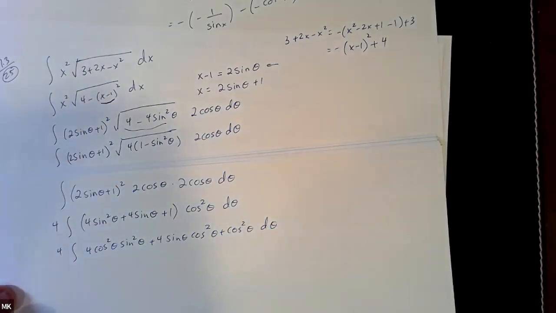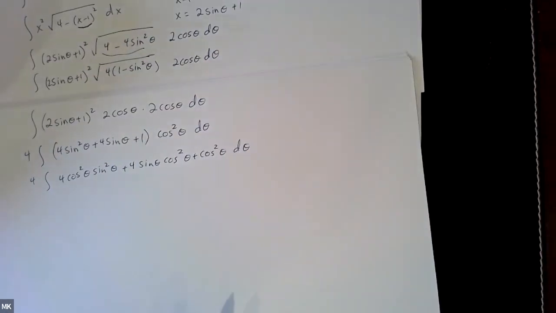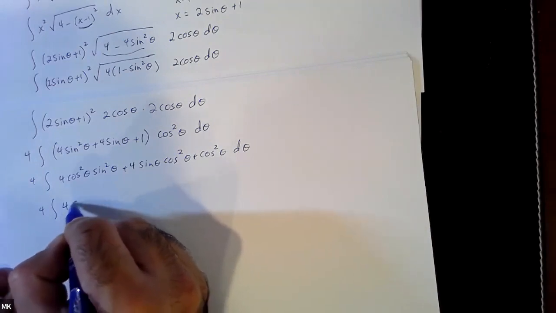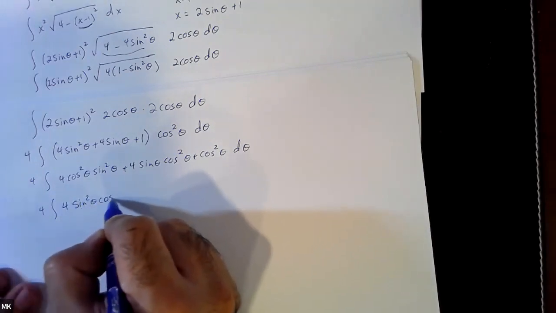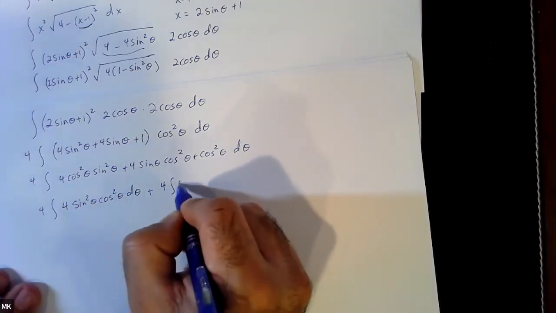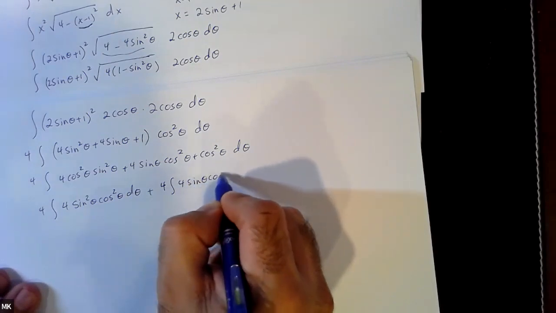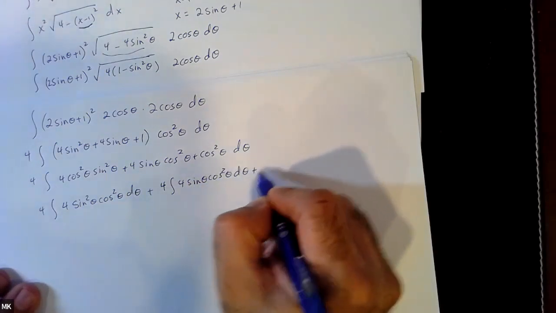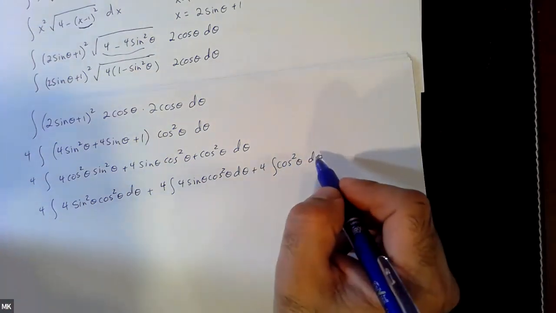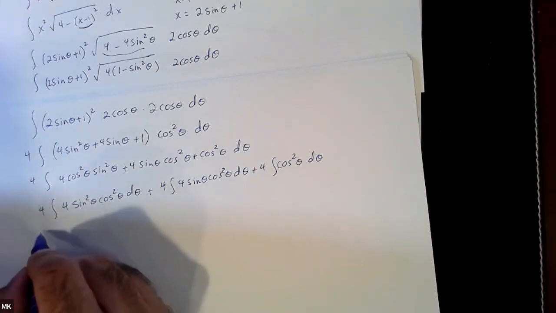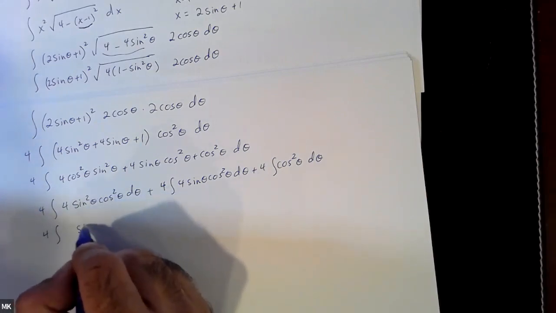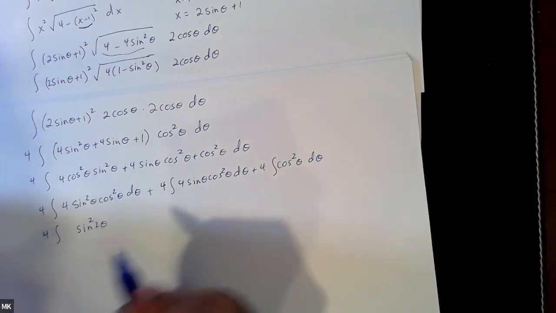And split them. I guess the best way to say that is split them up. And then 4 sine squared cosine squared is actually 2 sine cosine squared, which is sine 2 theta quantity squared.